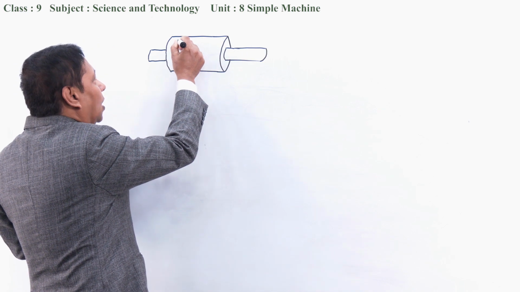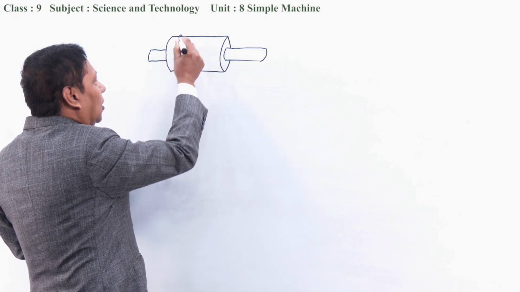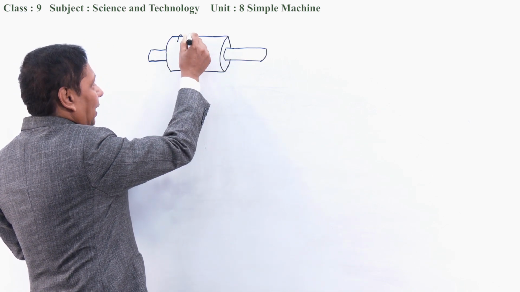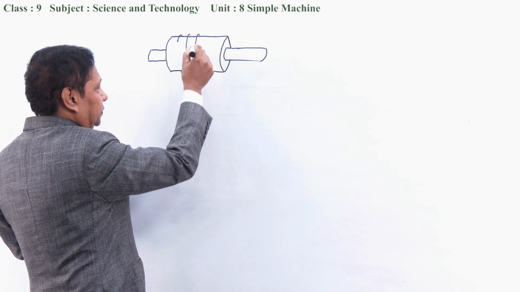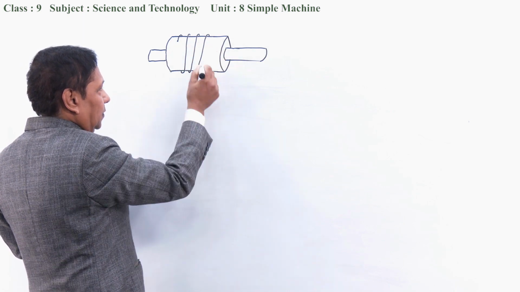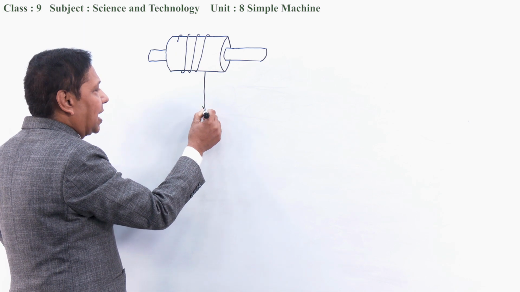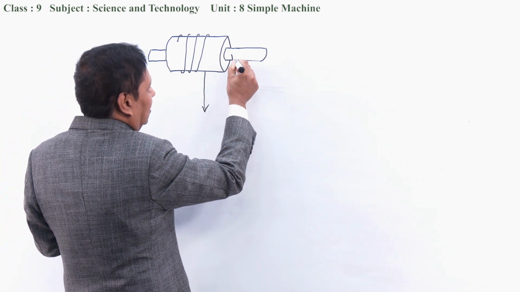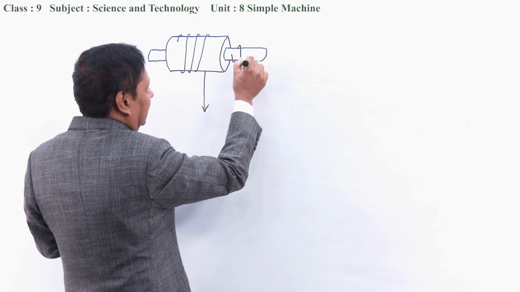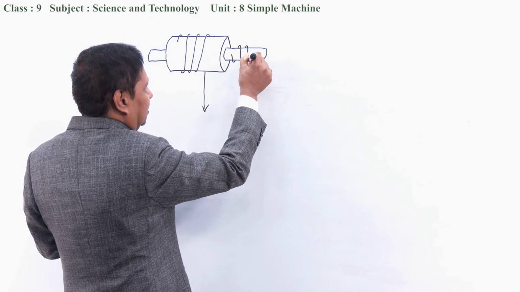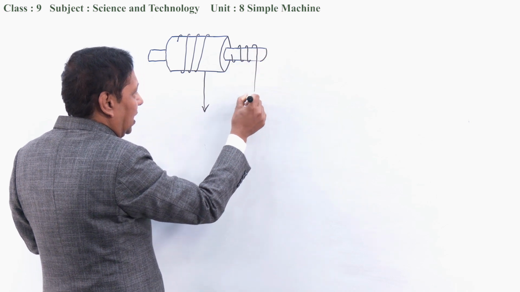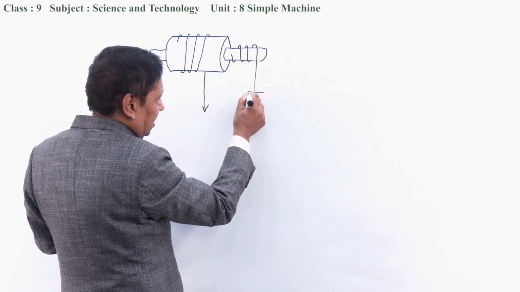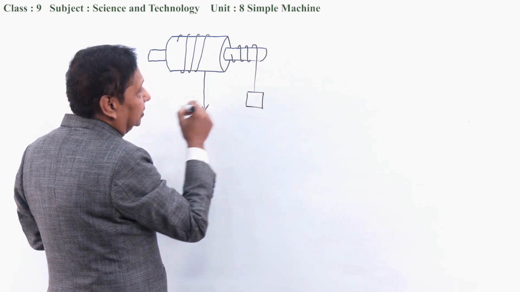Now, a rope is wound around the wheel this way, and effort is applied on this rope, and another rope is wound around the axle but in the opposite direction than that of the wheel, this way, and the terminal of the rope is connected to a load this way.